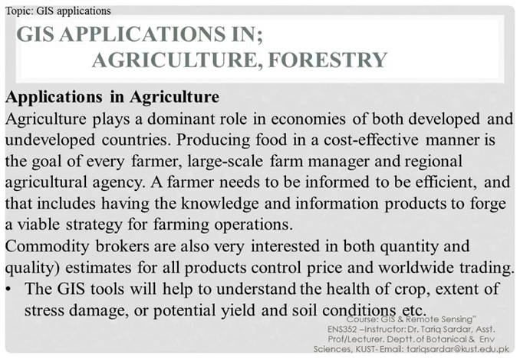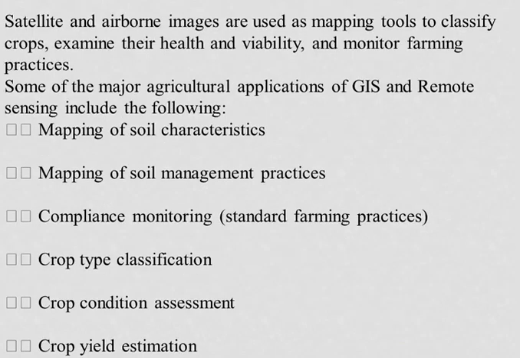So we will move forward to the main agriculture applications of GIS along with remote sensing imagery. These satellite and airborne images can be interpreted and analyzed in the GIS environment, and mapping tools can be used for any concerned area or focus study, to classify the crops, examine their health and viability, and monitor farming practices.